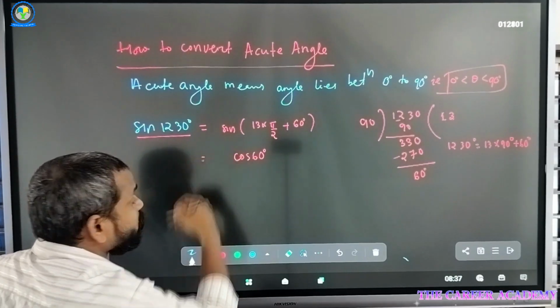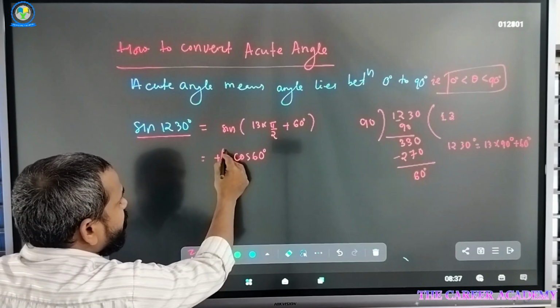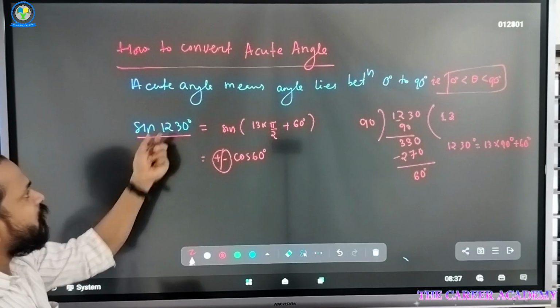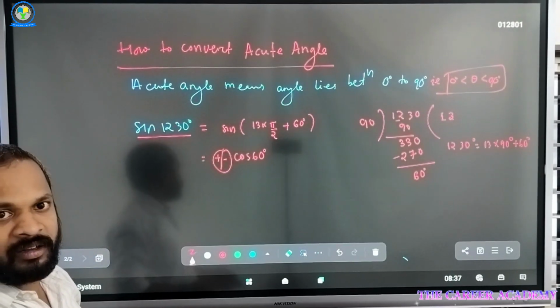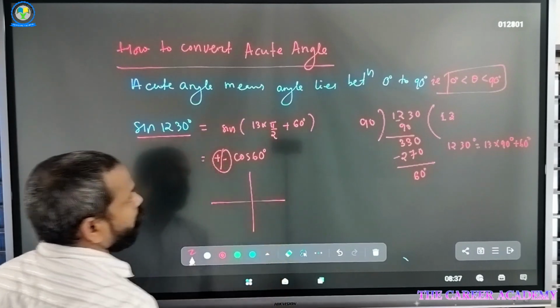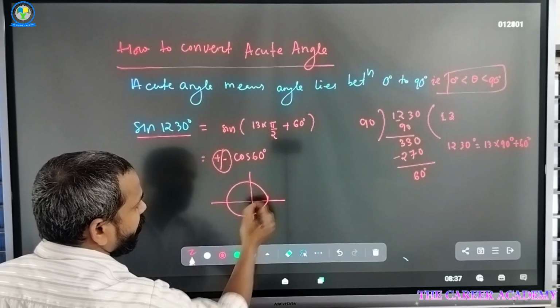How can I know whether it is plus or minus? For that reason, I should know which quadrant this angle belongs to. That means what I have to do? Again I have to do the rotation. Rotation means I have to make one complete rotation.